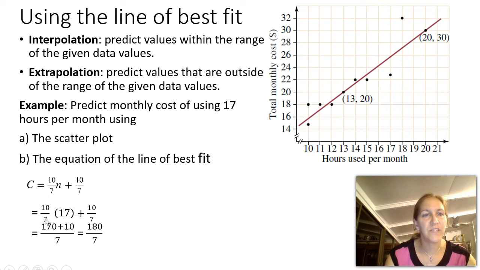We multiply 17 by 10, so 170 plus 10, all over 7. We end up with 180 over 7, which is 25.7, pretty much what we got when we used the scatter plot. So both ways are very good ways of interpolating and also extrapolating, or predicting, values on the line of fit.